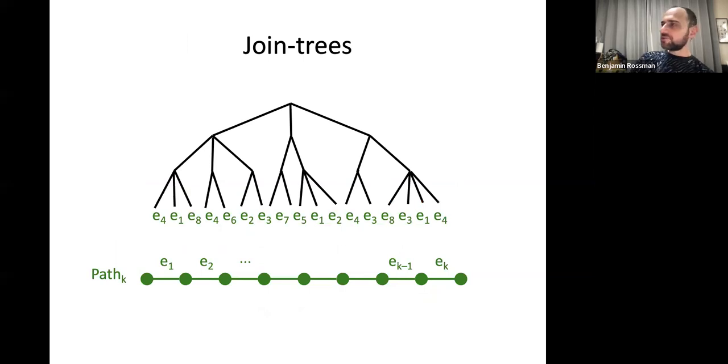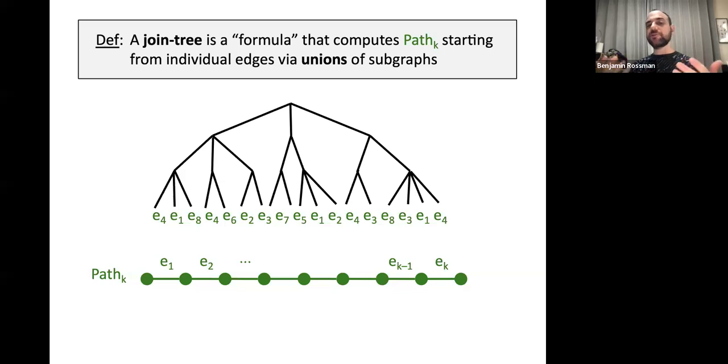Now, these two algorithms, we can describe their behavior in terms of what I call join trees. A join tree is a formula that computes the path graph of length k, starting off from individual edges where the only operation is that you take the union of subgraphs.